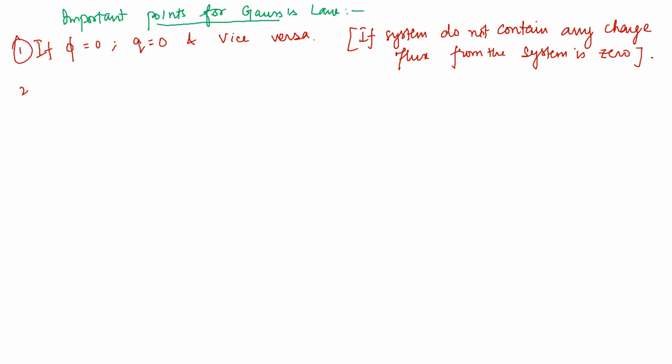First point. Second, Gauss's law is applicable for closed surfaces.